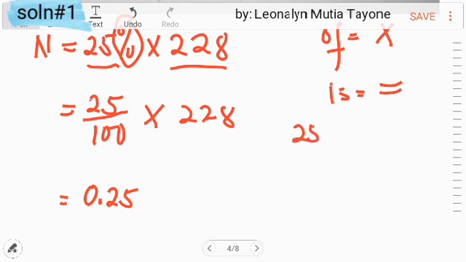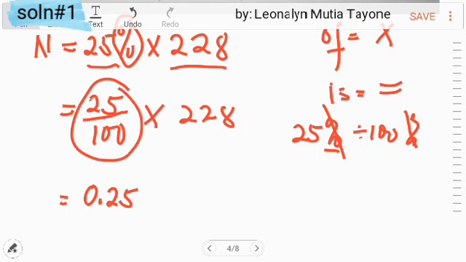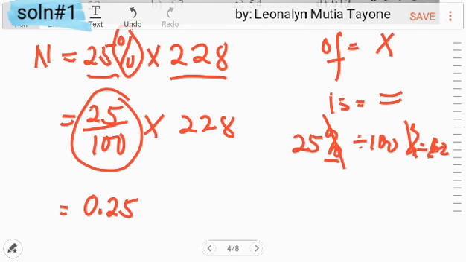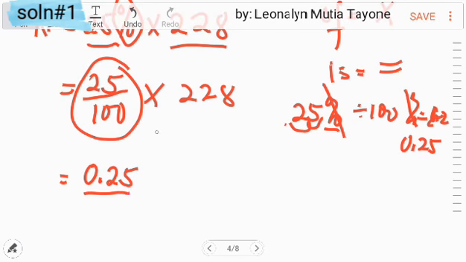Therefore, itong 25% para makancel itong percent sign, you will divide by 100%. Leaving 25 divided by 100, and that is 0.25. Or mag-move ka lang ng decimal point to the left side. 0.25 times 228. Isa-isahin natin.